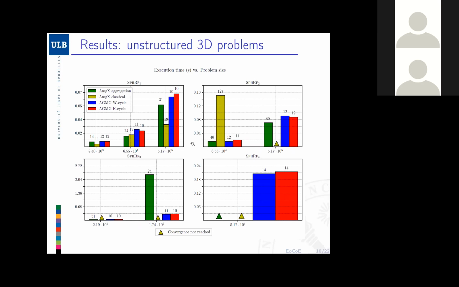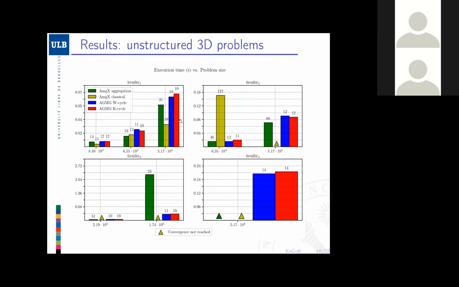Finally, we are going to see the results on unstructured 3D problems. These problems represent a sphere in a cube where we have local refinement on the borders of the sphere. The number here represents the degree of the discretization.